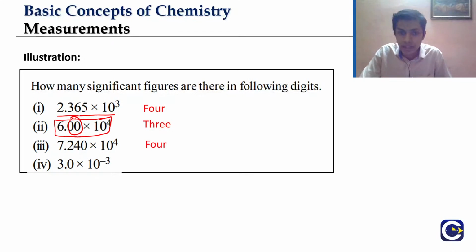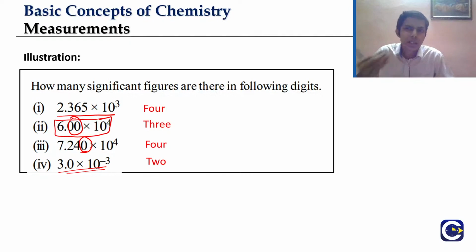Clear? In the same way, this will also be of significance. This is one more thing you need to keep track of. Fourth one, it will be 2 significant figures. Very good. I think Sarayu and Ridhishri both are understanding very nicely. This is about significant figures, and these are the questions that may come.